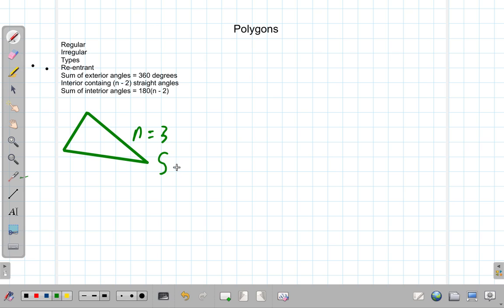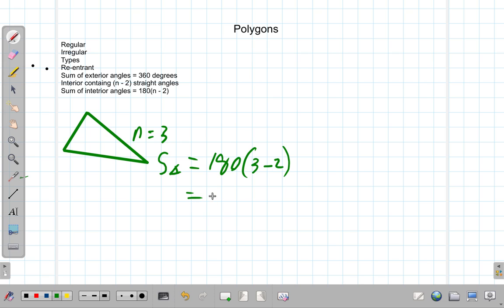Let's say S angle, the sum of the angles equals, I'm just using this little symbol for angles. Some books use this instead of writing out ANGLE. Alright? The sum of the angles is 180 times n, which is 3, minus 2.